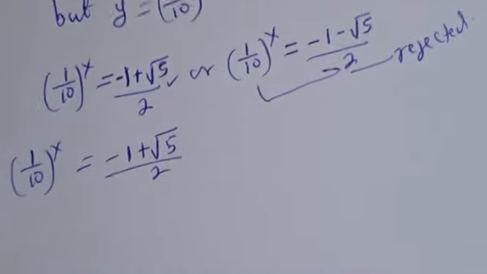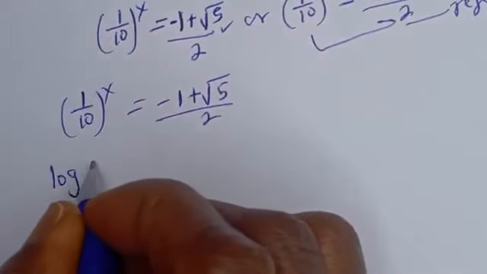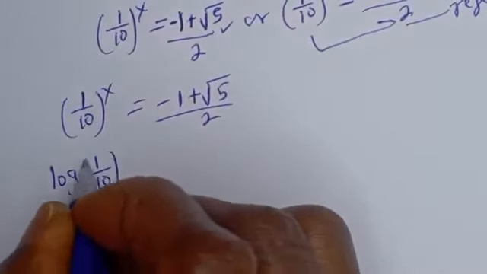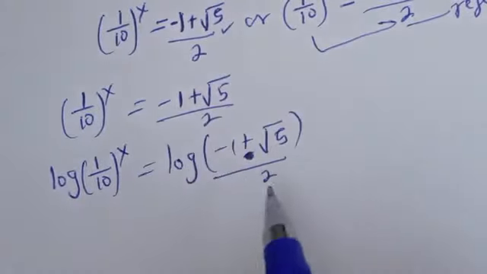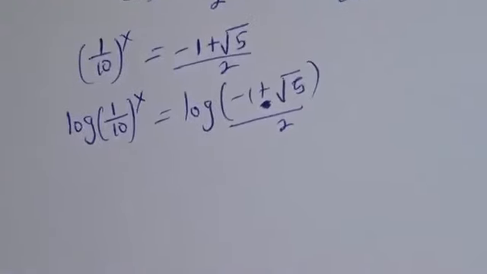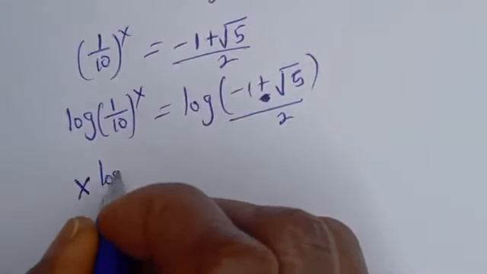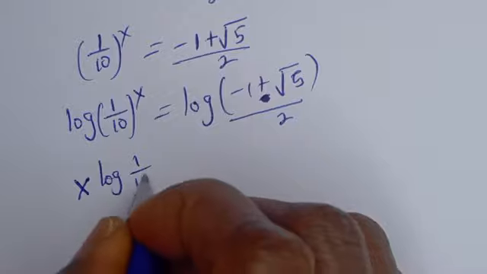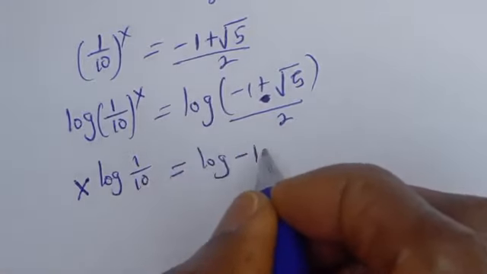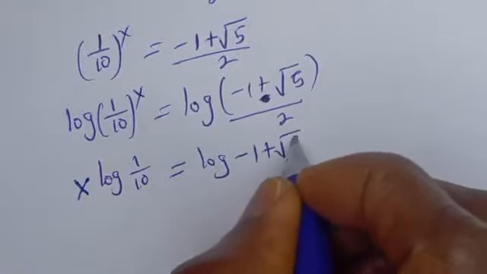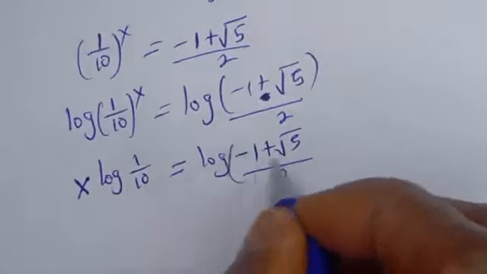Now let's take the log of both sides. If you take the log of both sides, we have log of 1 over 10 to the power of x is equal to log of minus 1 plus root 5 over 2. Then we have x log 1 over 10 is equal to log of minus 1 plus root 5 over 2.